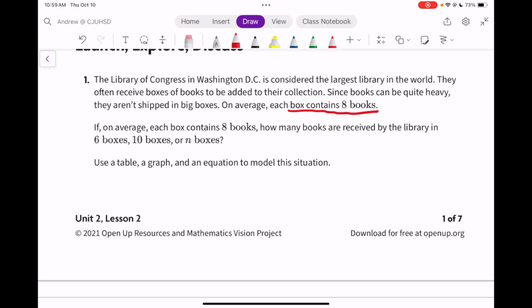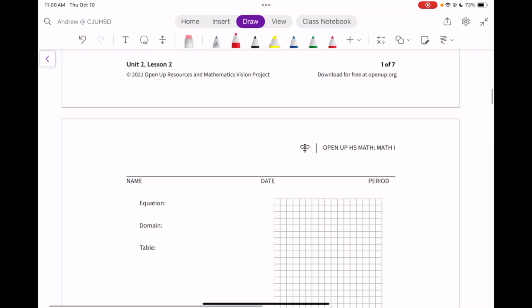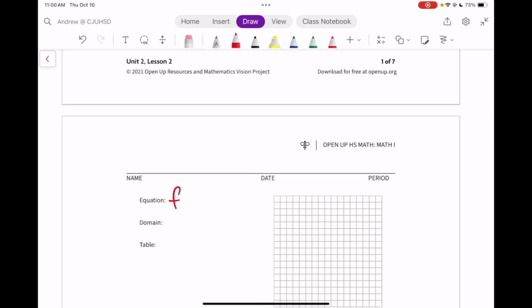How many books are received by the library in 6 boxes, 10 boxes, N boxes, etc.? So what we would do here is we would think, okay, I'm multiplying each box times 8 because of this number. So the equation could be something like f of n equals 8n.